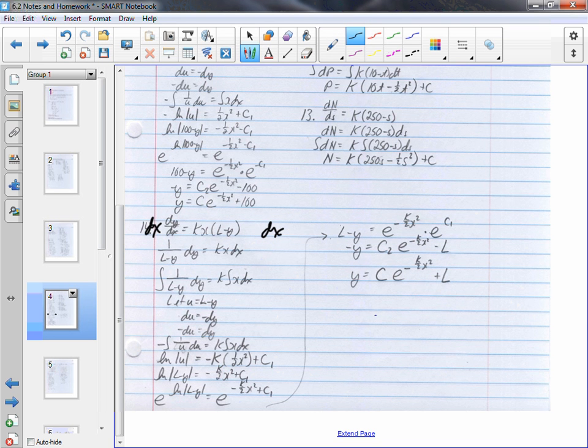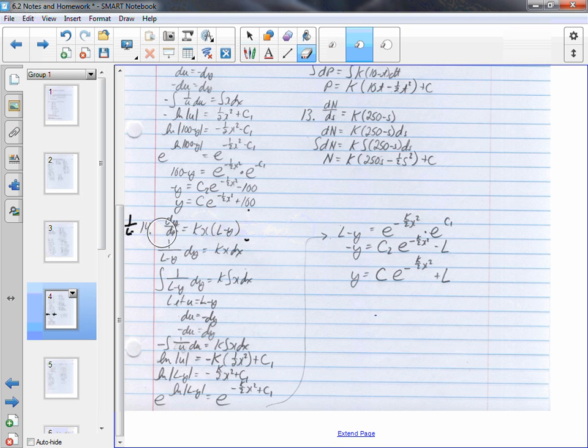Then I need to get rid of the L minus y on the right, so multiply by 1 over L minus y. The dx is divided out on the left, the L minus y is divided out on the right. So we get 1 over L minus y dy on the left, and kx dx on the right.